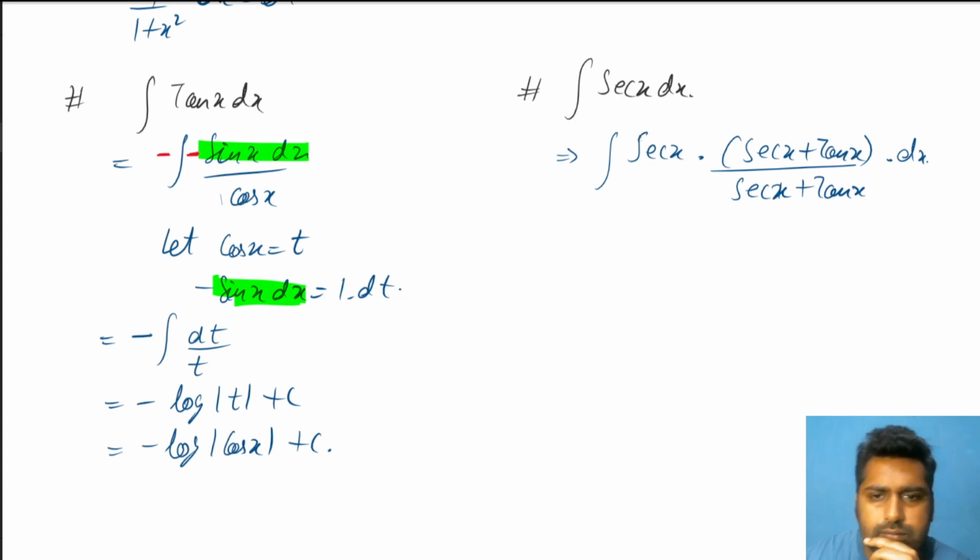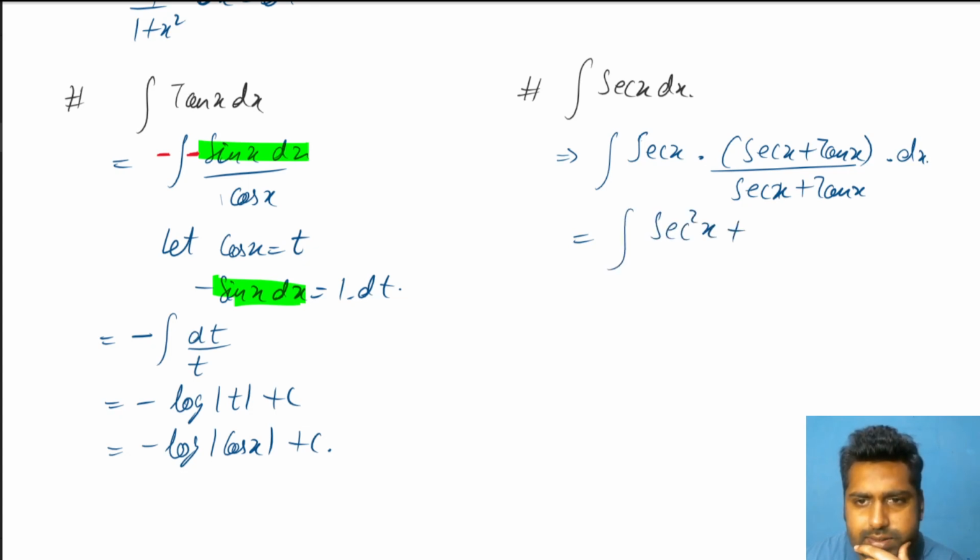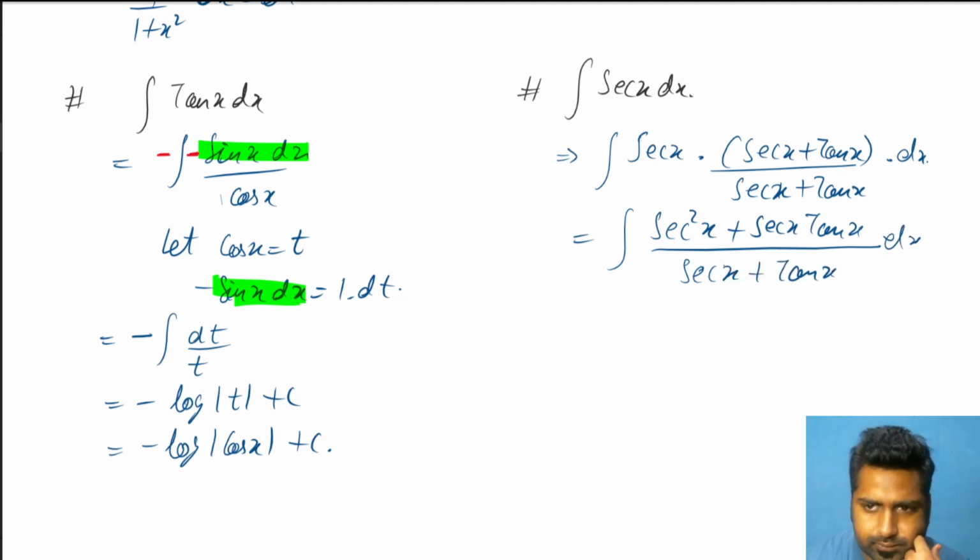And now that we have multiplied both numerator and denominator by this, let's literally multiply the numerator. That becomes sec square x plus sec x tan x, and the denominator is sec x plus tan x. Means this time we are forcing the question to become weird. Okay. If you look at which is the weird expression, you might say numerator, but let's take denominator as t in this. Let sec x plus tan x as t.